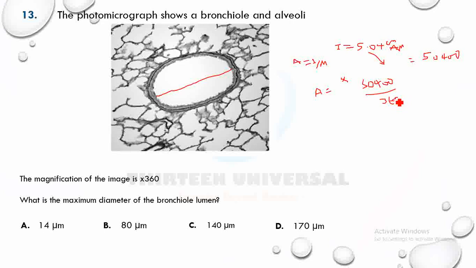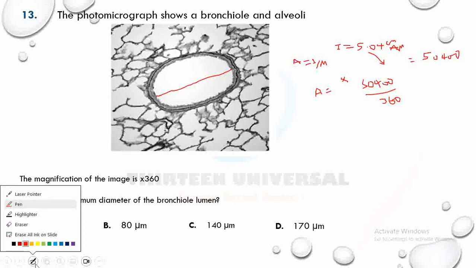So when you say that divided by 360, okay, I think there's a little mistake there. Because if you say 5, look at it.